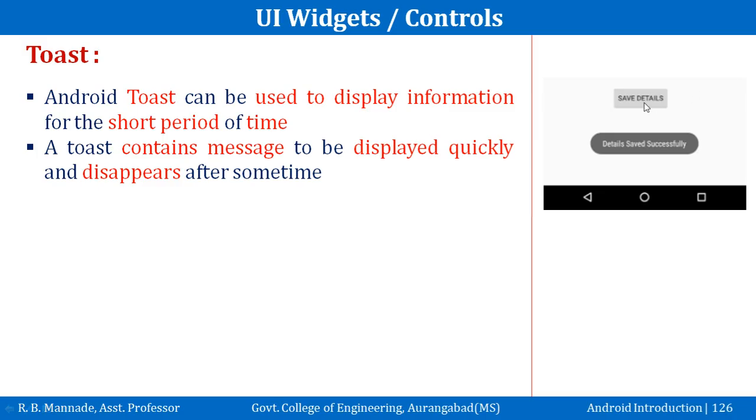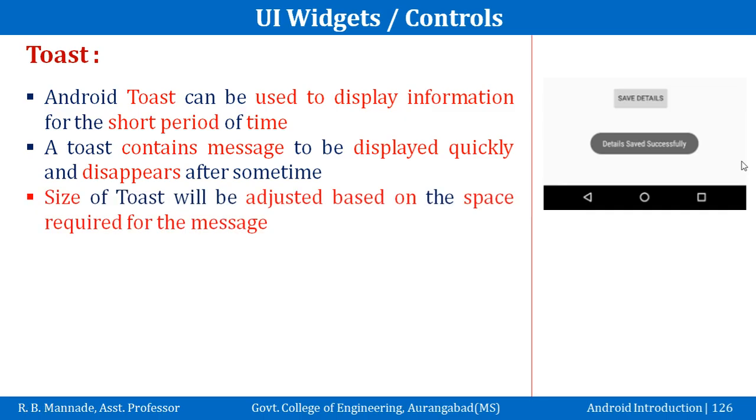Here is a button, and whenever the user clicks on the save details button, this pop-up message, details saved successfully, will be displayed only for a short period of time, and then it will disappear from the screen. It is called the toast message.